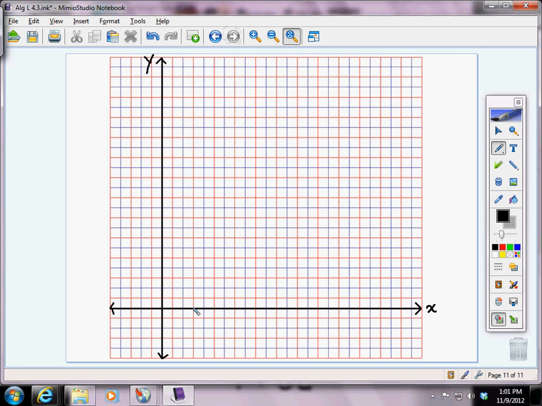So maybe we could go by 5, so this would be 10, 20, 30, every one of these blue lines here, 40, 50, and 60.